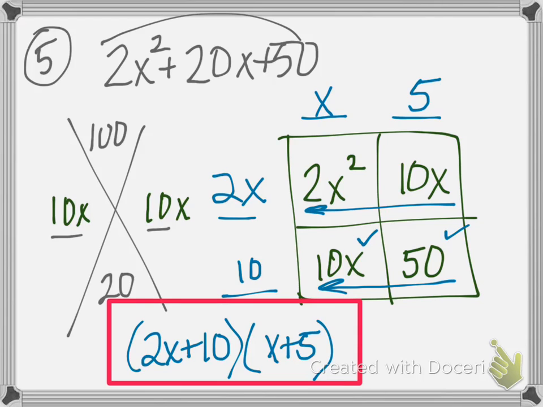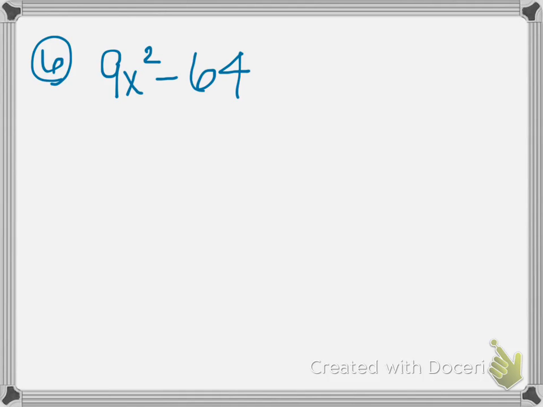Number 6. So number 6 is that difference of perfect squares problem that I was talking about when we were talking about the other side. So I have 9x squared minus 64. If we rewrite it, you can think of this as 9x squared plus 0x minus 64.